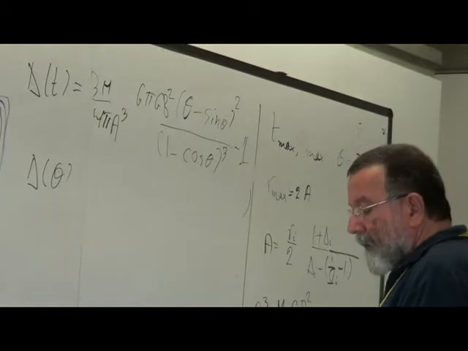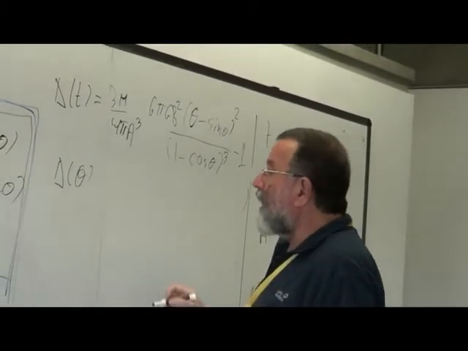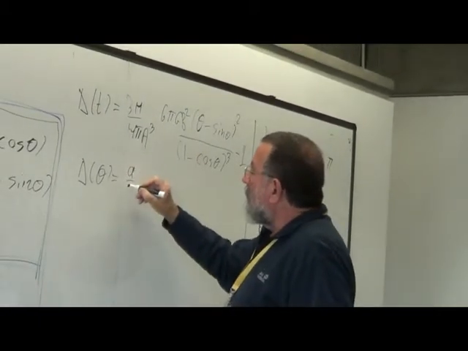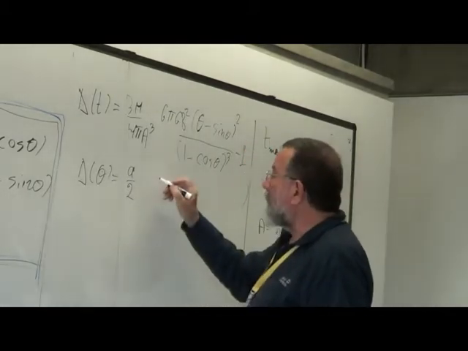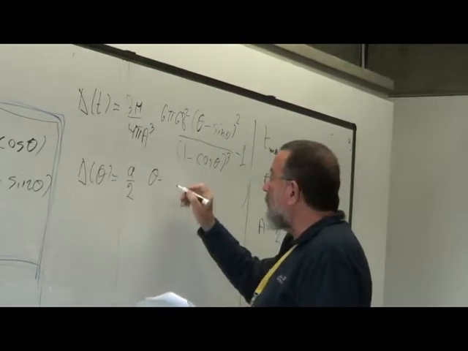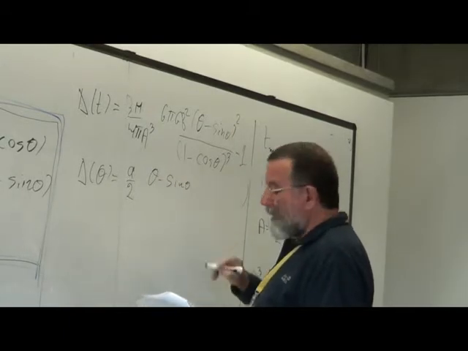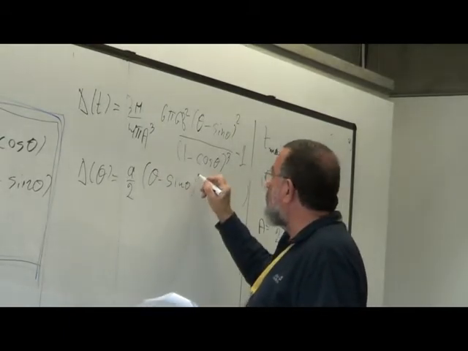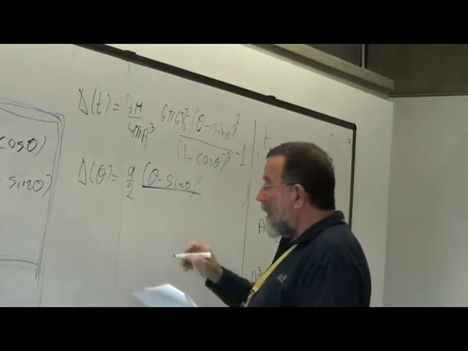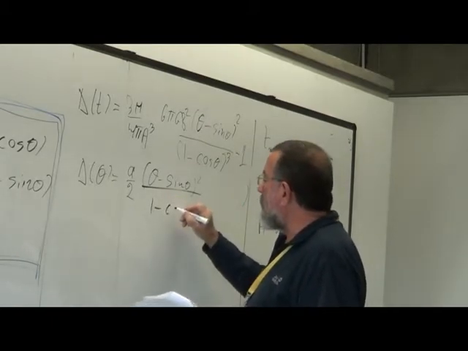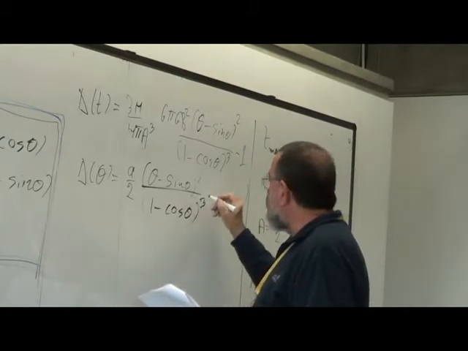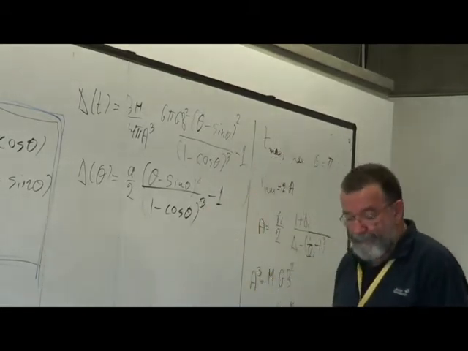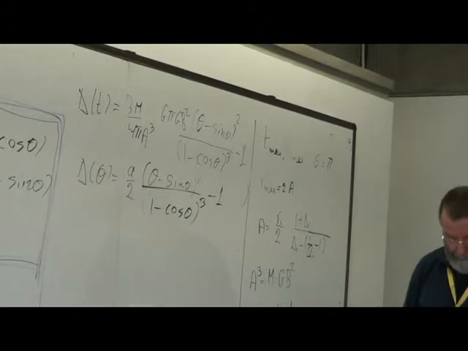So delta as a function of theta is 9/2 times theta minus sine theta squared divided by 1 minus cosine theta cubed, minus 1. Okay?